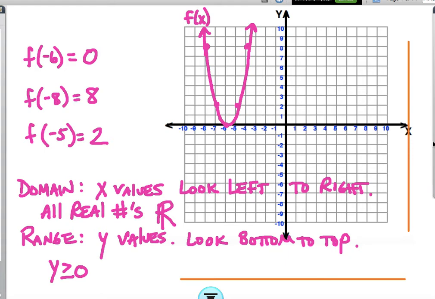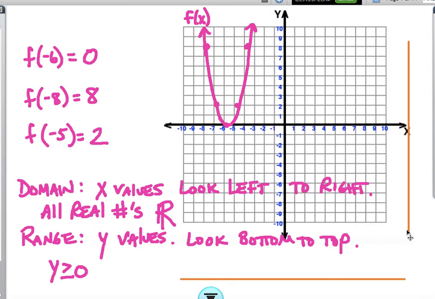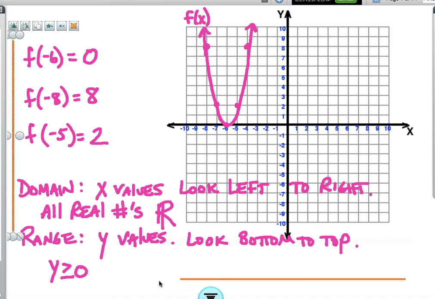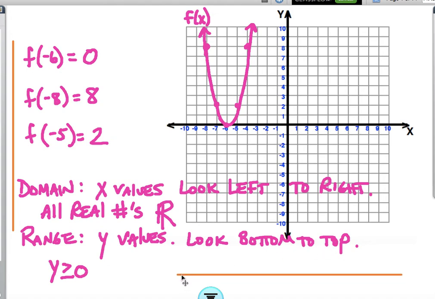So again, you're going to take your pencil and turn it vertically, and you're going to kind of sweep it across left to right and look to see what x values you're allowed to have. And then when you're talking about range, those are your y values, and you're looking from the bottom to the top. So take your pencil, turn it horizontally, and go bottom to top.